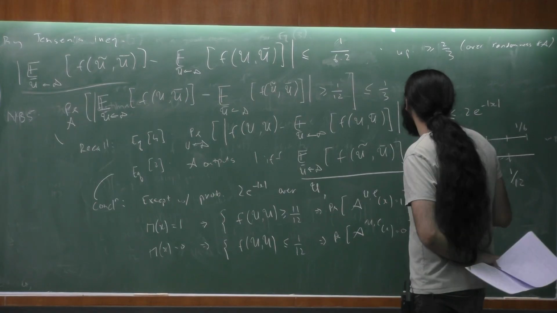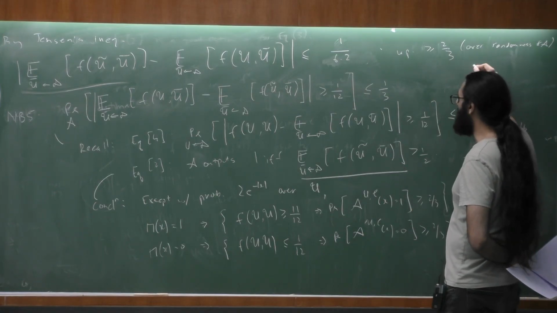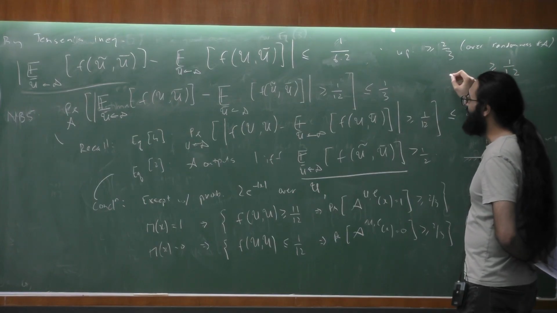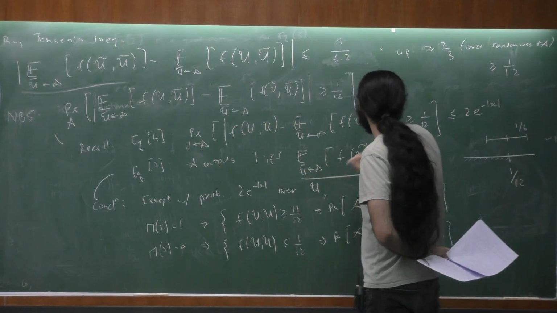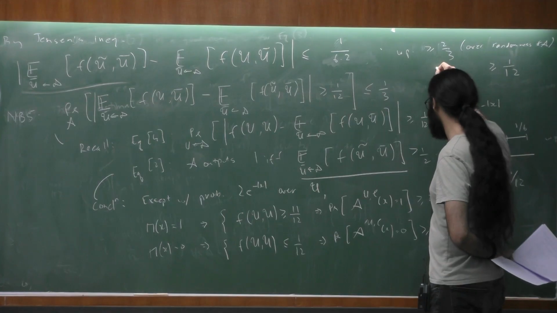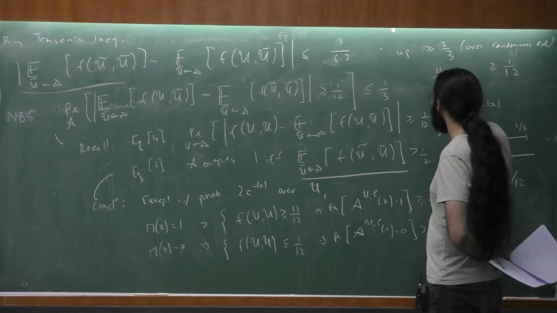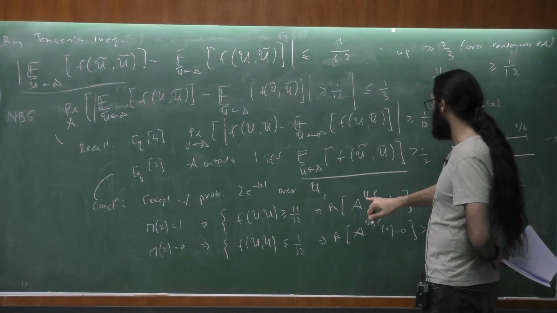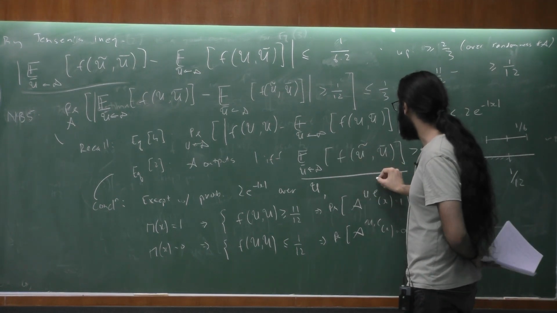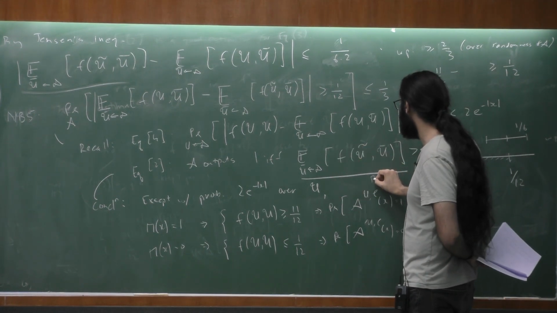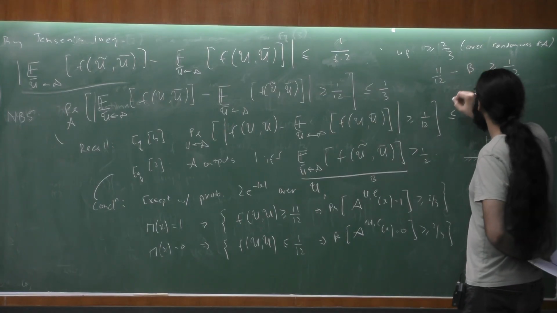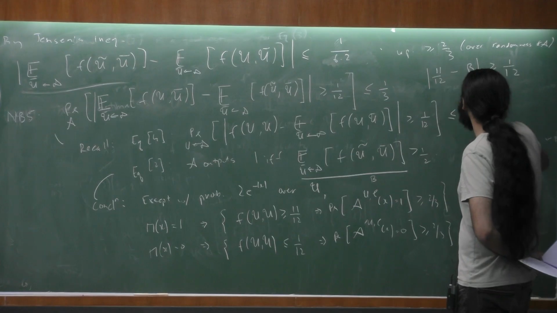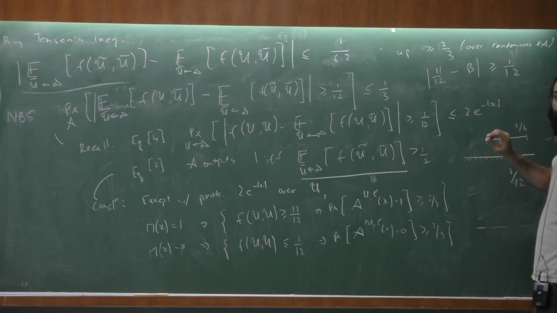Okay, let's just do it more carefully. So you have 1 by 12 as the bound here, and this object we know is, let's say, 11 by 12, minus there's this expectation that we want, let's call this B. We want B to be at least half, so this mod is at most 1 by 12.